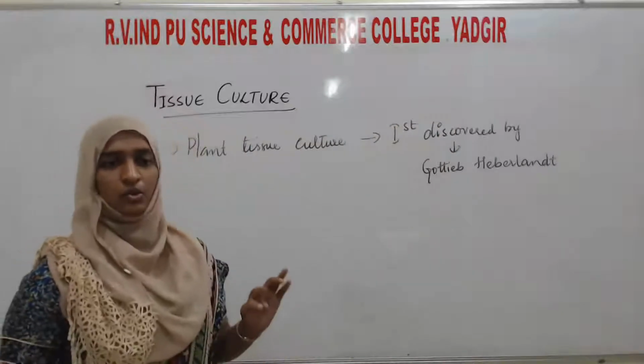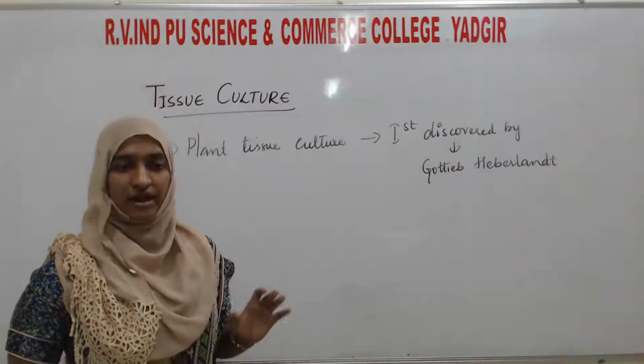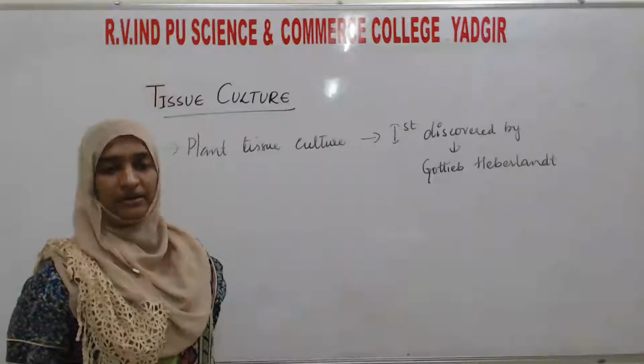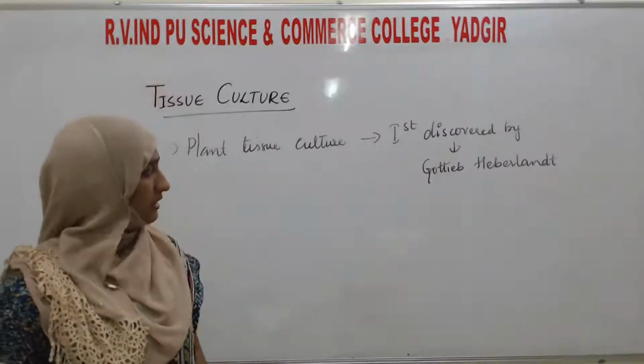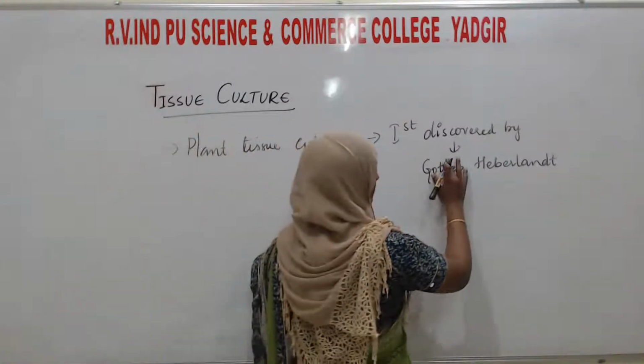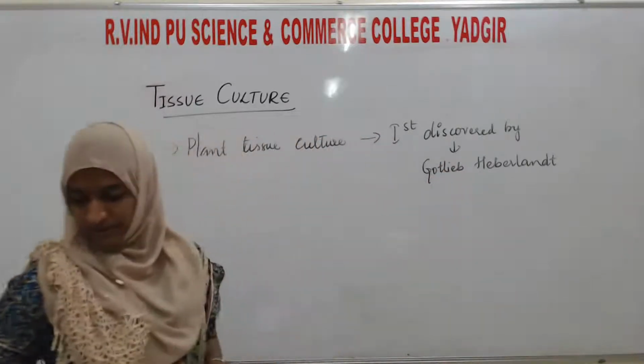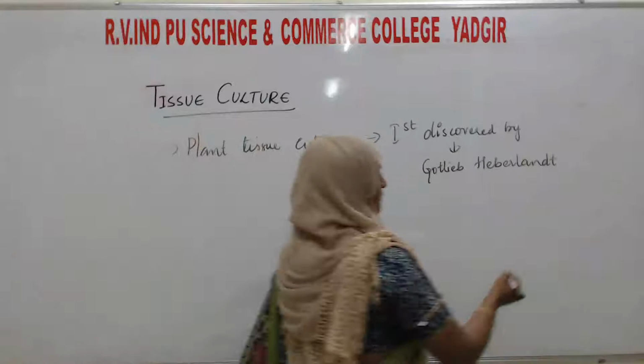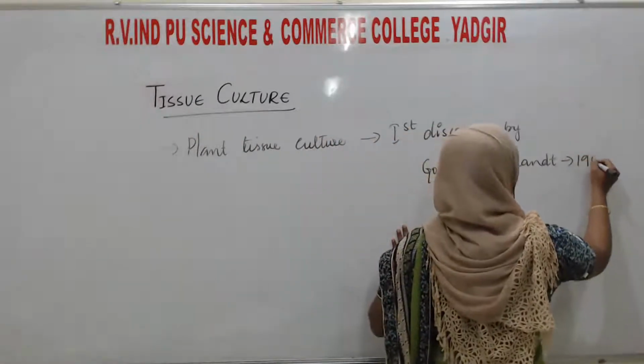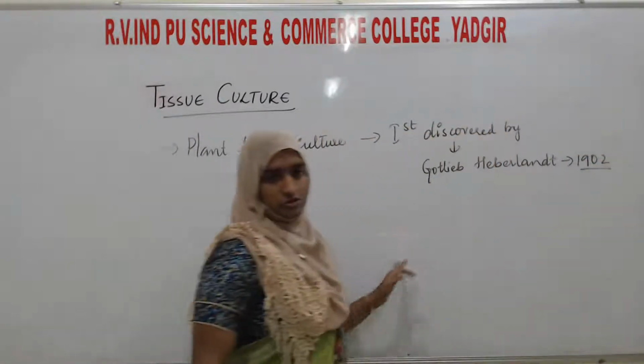The person who first discovered plant tissue culture is Gottlieb Haberlandt. In which year did he discover it? That is in the year 1902.